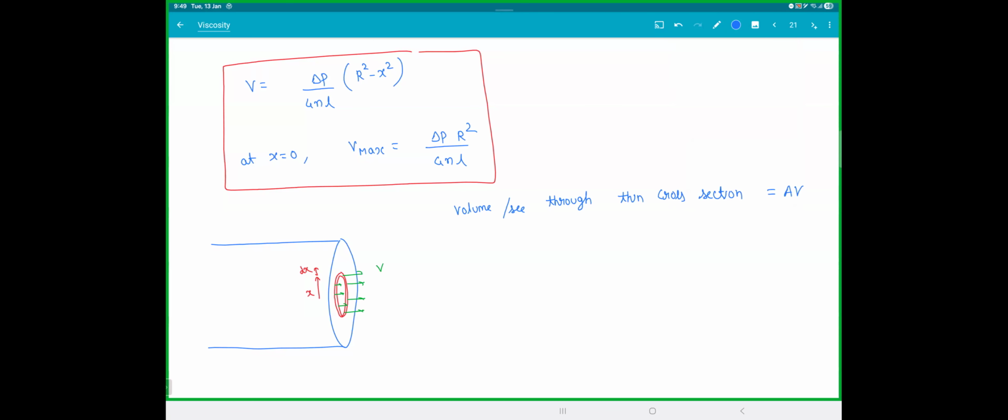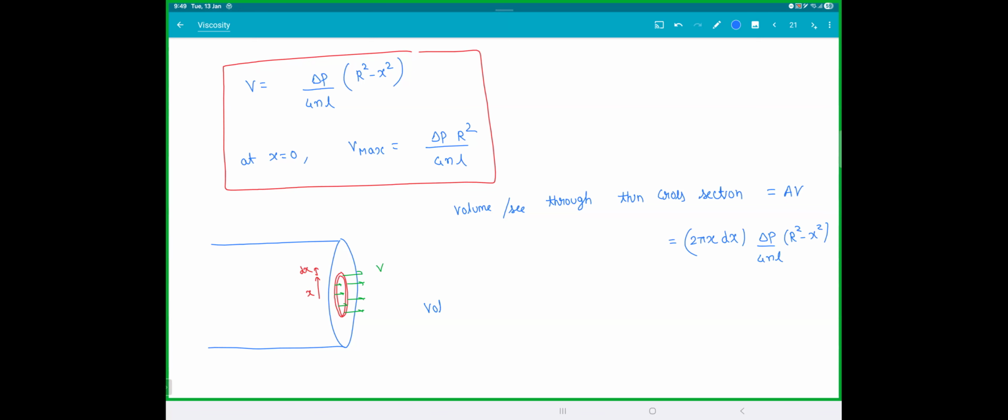Area into velocity will give you the volume flow per second. So what is the area here? Area will be 2 pi x into dx. That is the area of the thin cross section, and velocity is this guy, which is delta P by 4 eta L (R square minus x square). So this much liquid is flowing through this thin pipe.